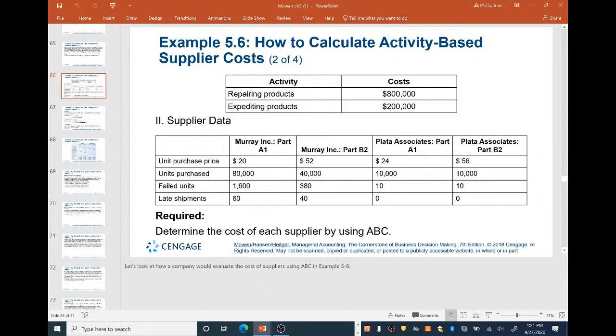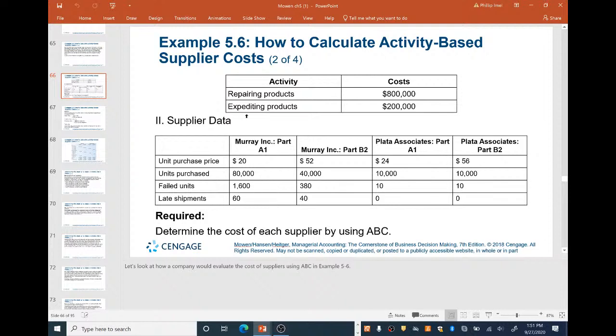Okay, the second step, the supplier data. On the far left, we have the unit purchase price, the units purchased, failed units, and late shipments. We can see that the failed units and the late shipments have a direct correlation with the activities up here in the cost. The failed units correlate with repairing products.